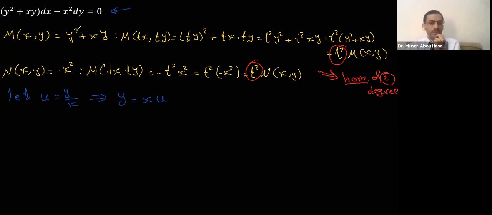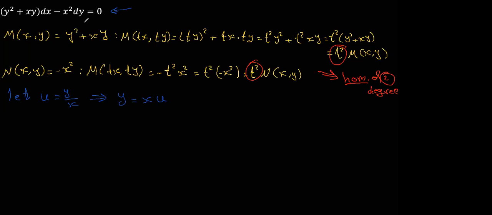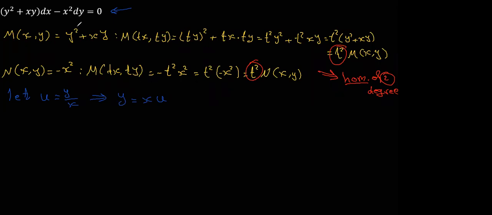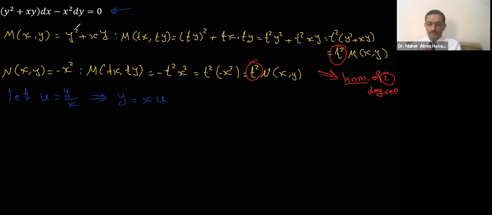So what should I do now? Maybe we can rearrange the equation. How? Yes, you are right. We will first move the negative x squared dy to the other side, then divide by dx. Great, this is a great method.